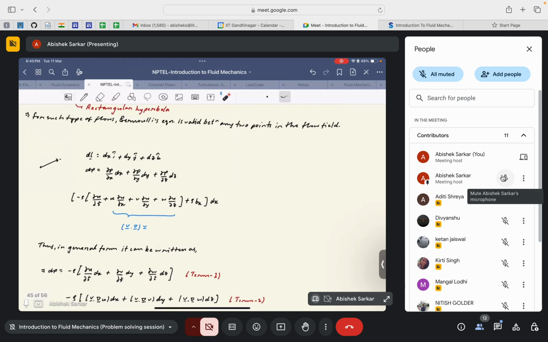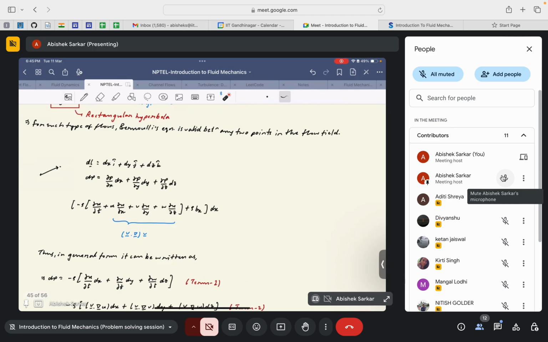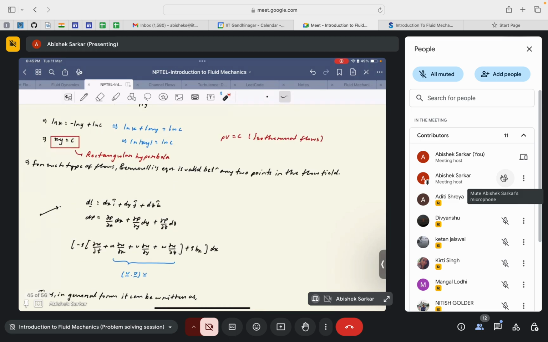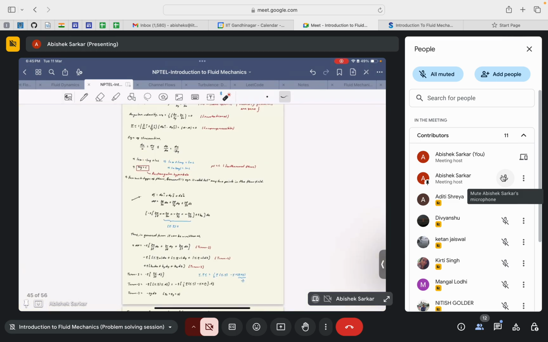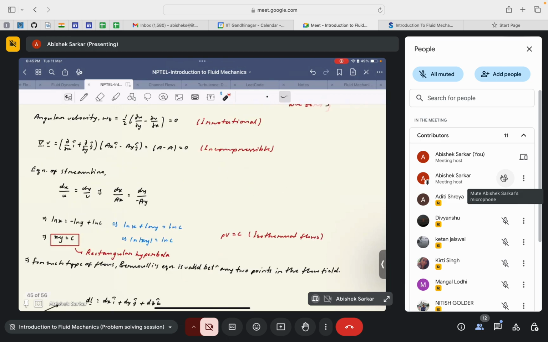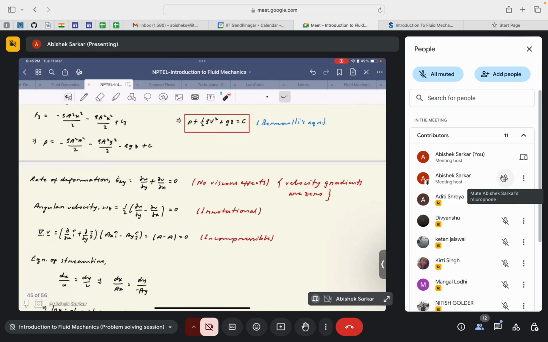Okay. Just before that, why we are dealing with streamlines: one of the important assumptions of Bernoulli's equation is that this term is constant. Let me go back. I'm sorry. This sum, p plus half rho v square plus rho g z, is constant along a streamline. Okay, it's one of the very crucial assumptions. Why it's along a streamline, we'll also understand after we do the derivation.